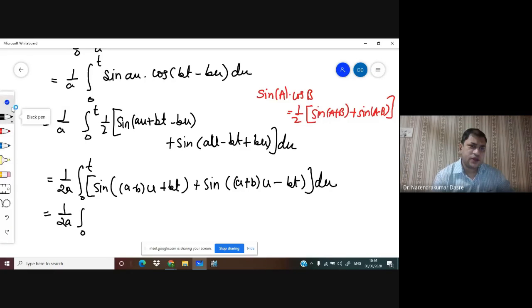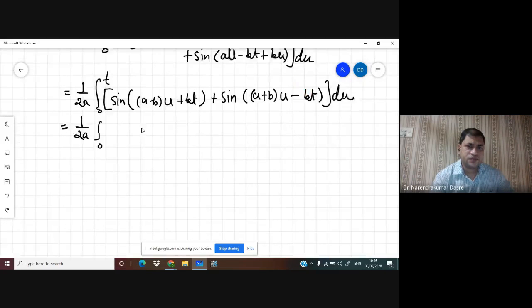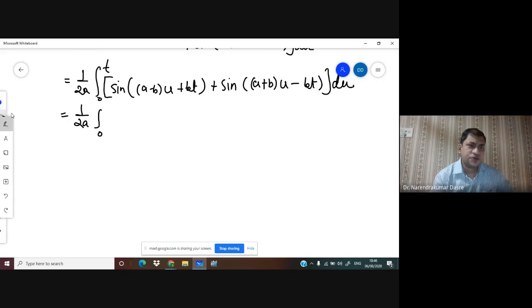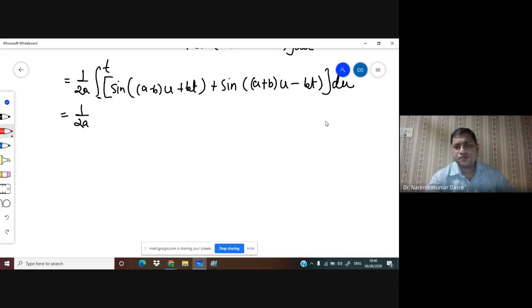Now we can have this integral. We have sine terms, and the formula is: the integral of sine of ax plus b dx is equal to minus cos of ax plus b upon a.